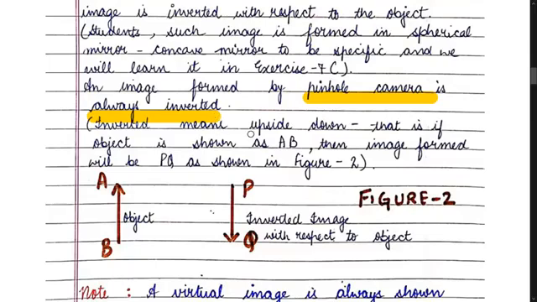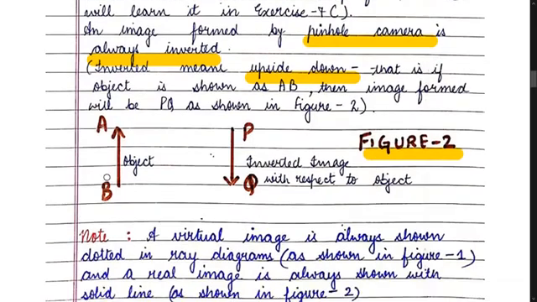Inverted means upside down. That is, students, see figure number 2. Here, if the object is shown as AB and if its real image is formed, then the image is shown as PQ.